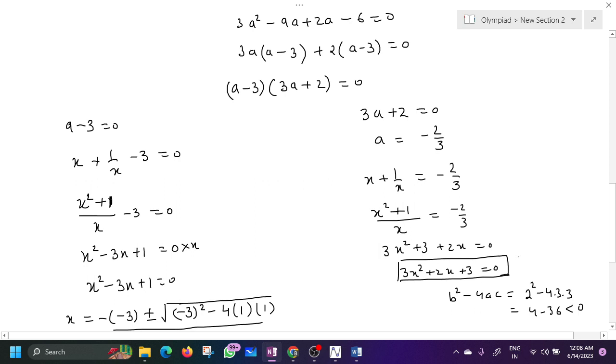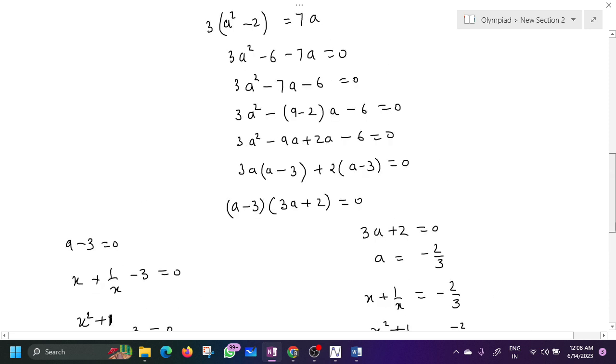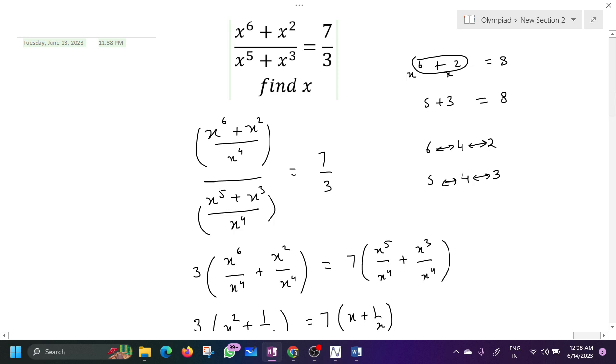So we will not consider complex roots, or we may consider them depending on what values x can take. So we need to investigate our equation, x to the power 6 plus x to the power 2 over x to the power 5 plus x cube is equal to 7 by 3.